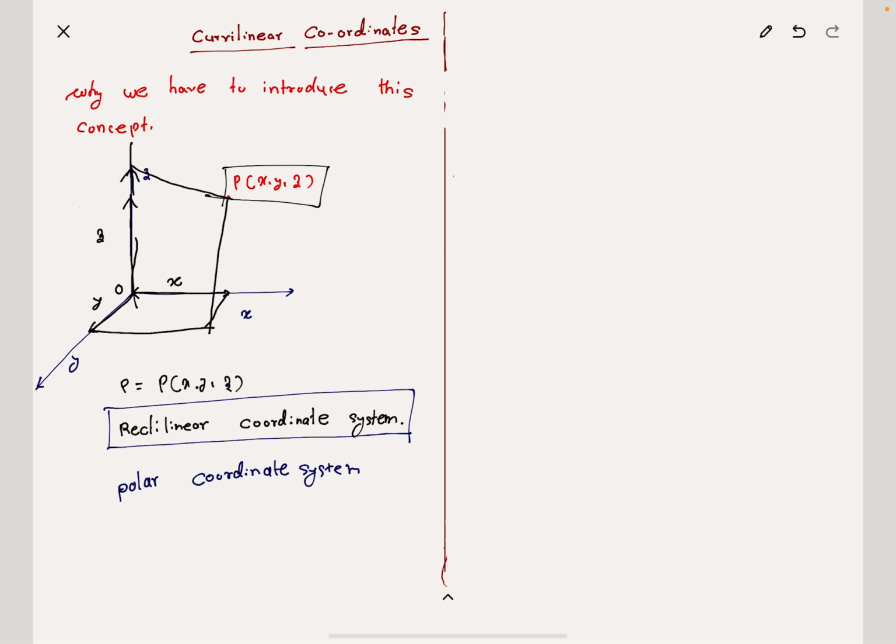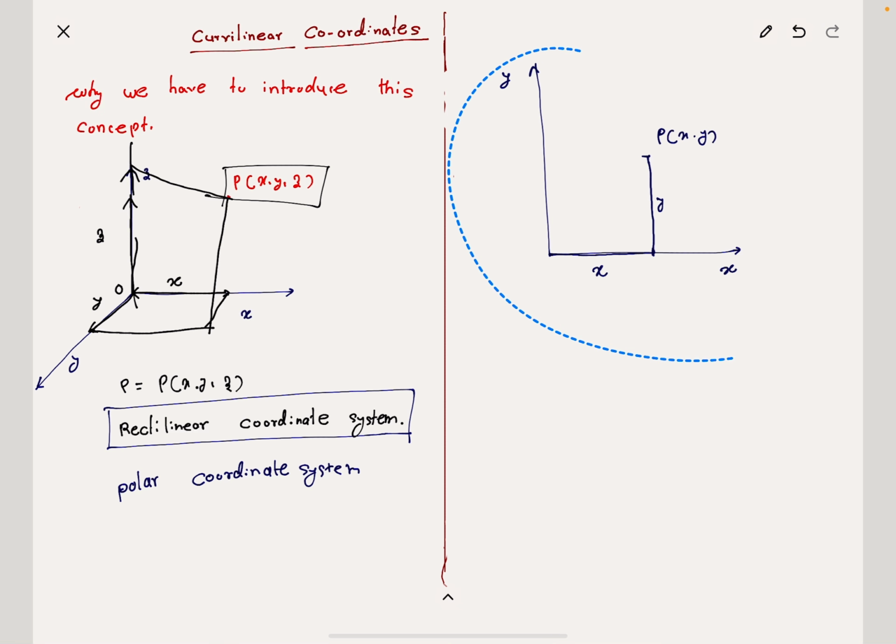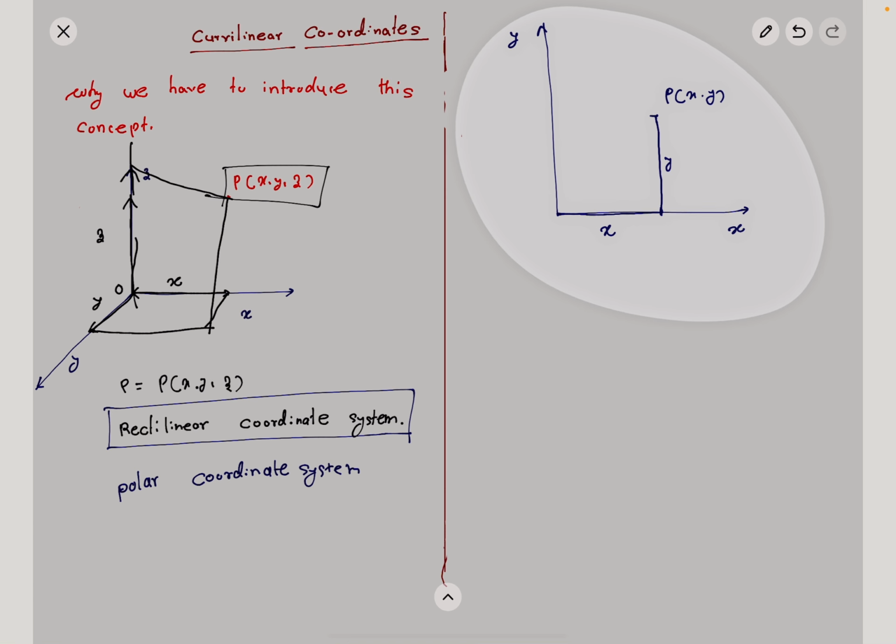Say for example, in a two-dimensional rectilinear coordinate system x comma y, here is a point P which is a function of x and y, that is x distance from origin O and y distance from origin O, and so this is P x comma y.